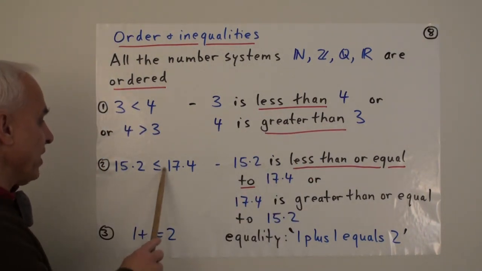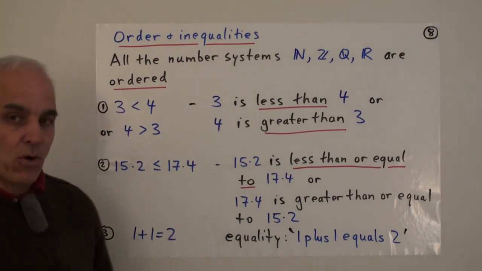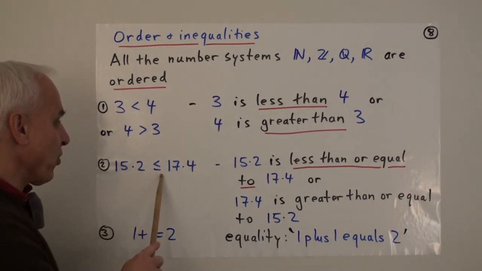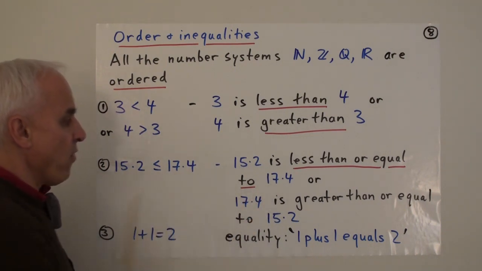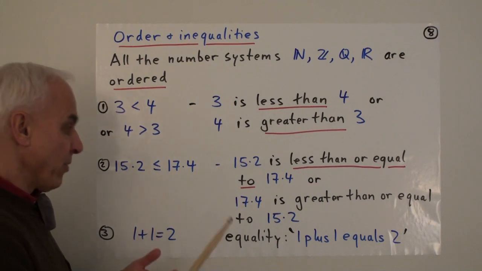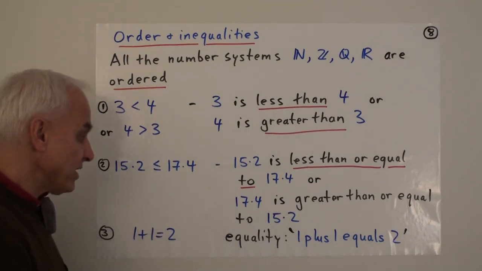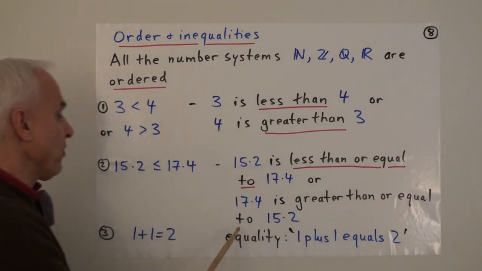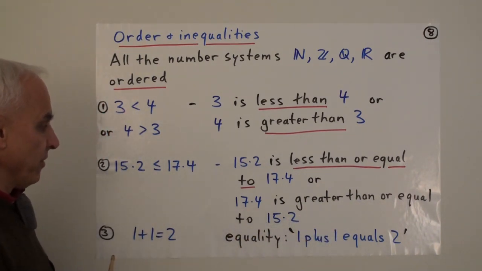Here's a slight variant where we have the less than or equal sign. So 15.2 is less than or equal to 17.4. Or equivalently, to restate it, we could say that 17.4 is greater than or equal to 15.2.